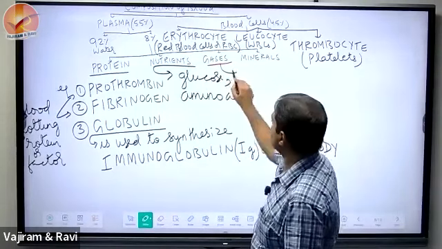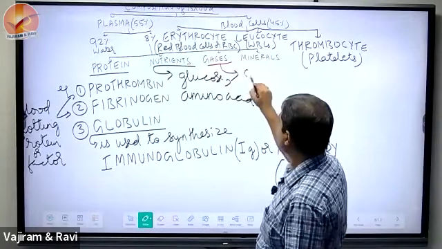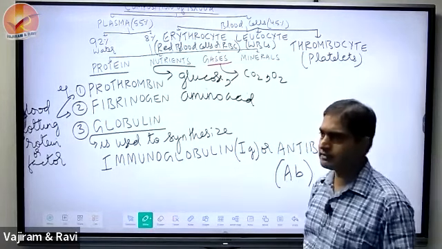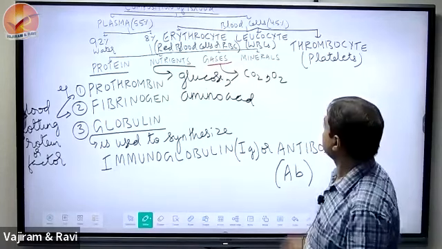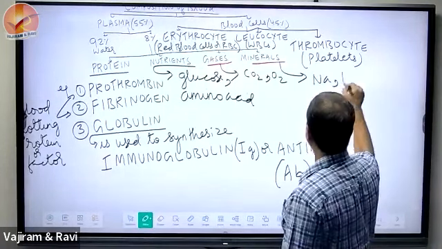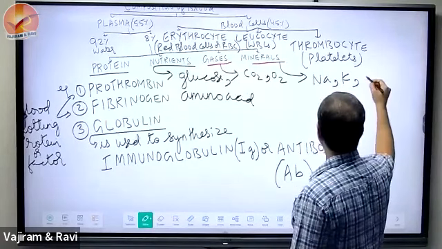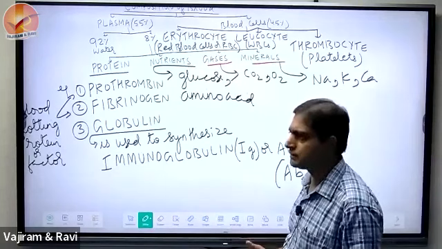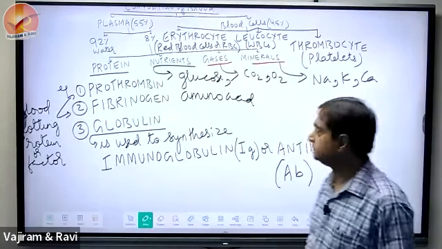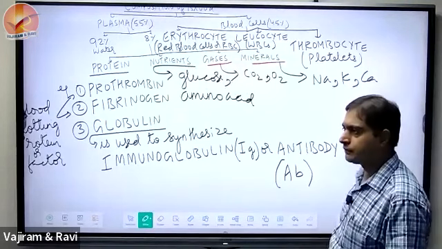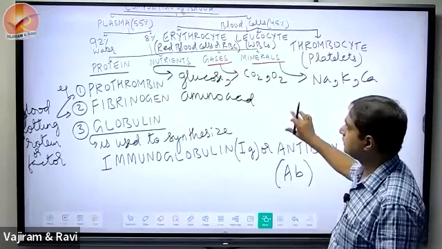Then gases: carbon dioxide, oxygen, examples of gases. Minerals: Na sodium, K potassium, Ca calcium are examples of minerals.